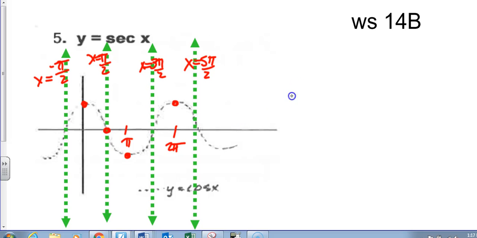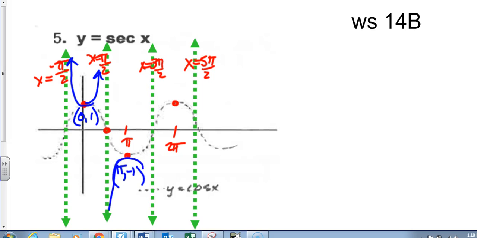All right. Where are a couple ordered pairs? Yeah, at 0 there'd be a value of 1. At pi there'd be a value of -1.